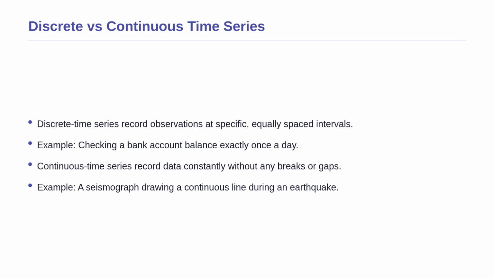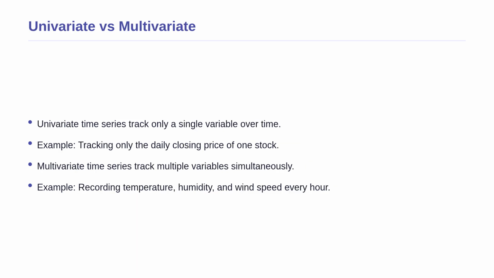Another important distinction we must make depends on how many different things we are measuring at the exact same time. If we are only tracking a single variable, like the daily closing price of a specific stock, we call it a univariate time series. The prefix uni means one.